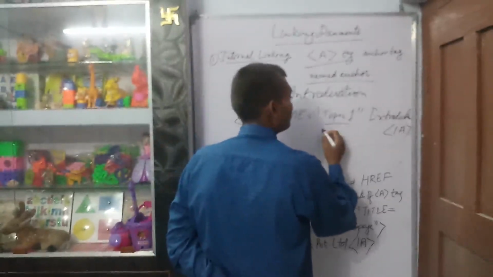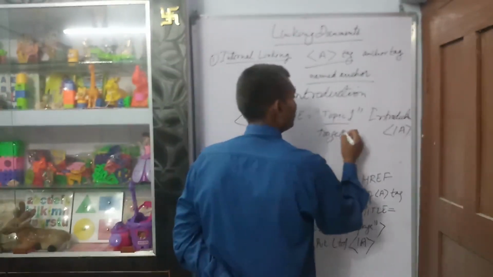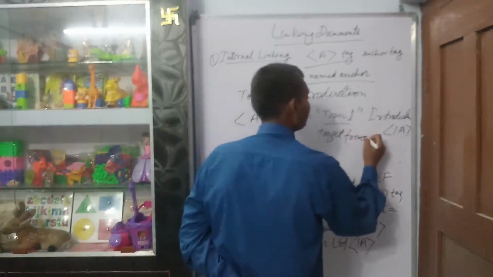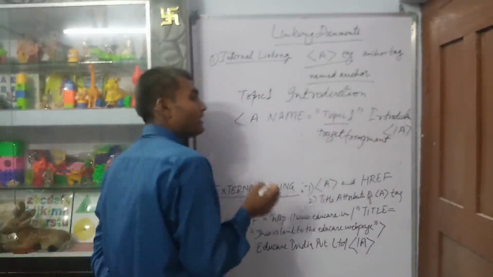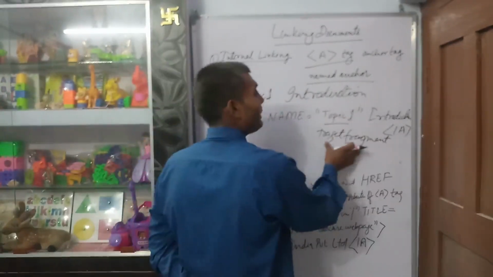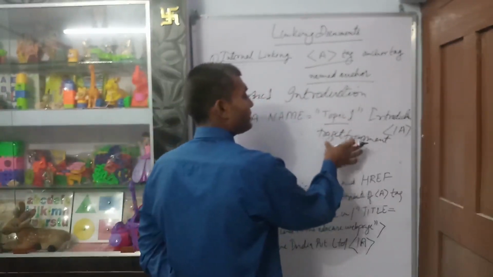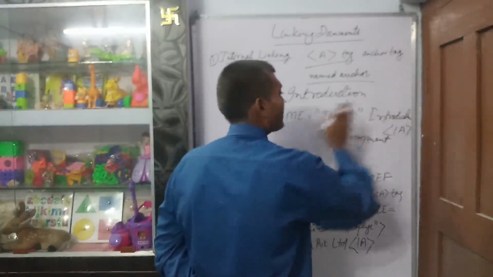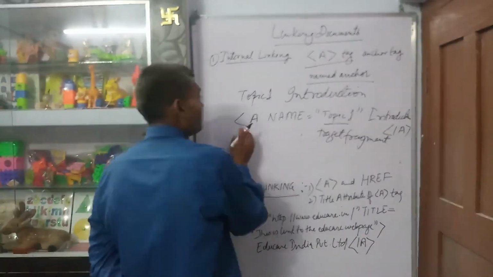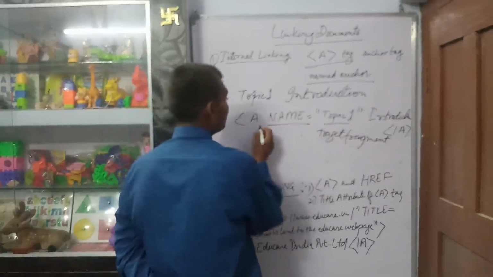This topic 1 is the target fragment, and it specifies the description of the target destination. It specifies about the introduction. Here we use this name attribute with this a tag.